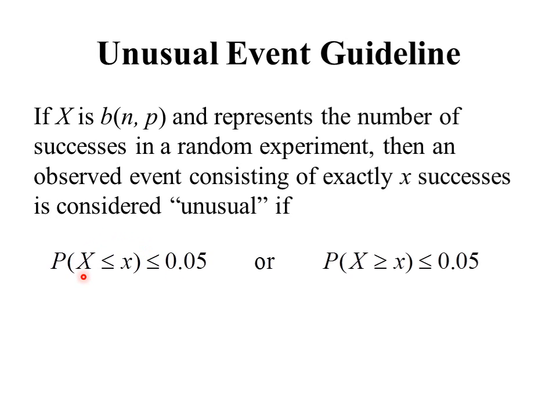So the probability that capital X is less than or equal to x is less than 0.05, or the probability that X is greater than or equal to little x is less than 0.05. Okay. So we need to calculate either this probability or this probability. If either one of those is less than 0.05, then we consider that event to be unusual.